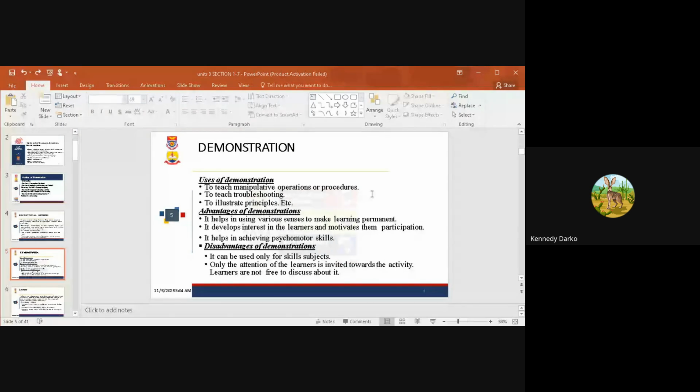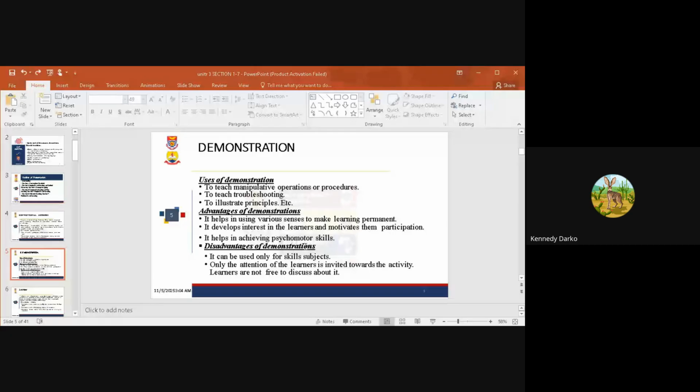Then we have hearing, the ears for hearing, the eye for sight, the tongue, and the nose. All these senses are brought to bear for the student to understand whatever is going on. So the various senses come into play.